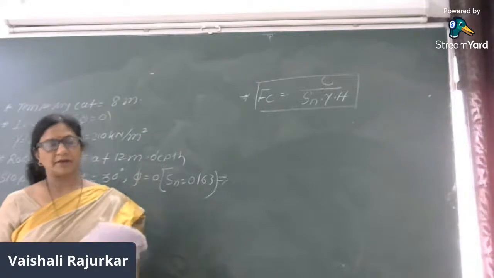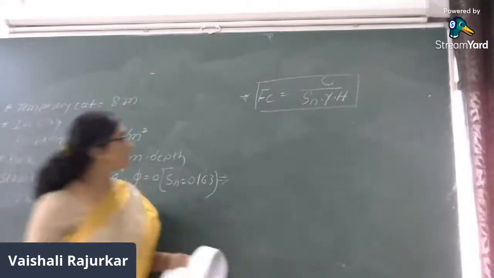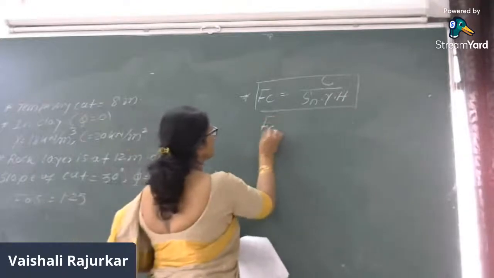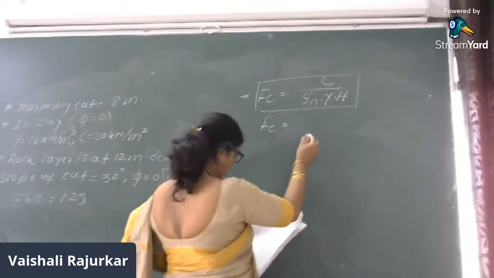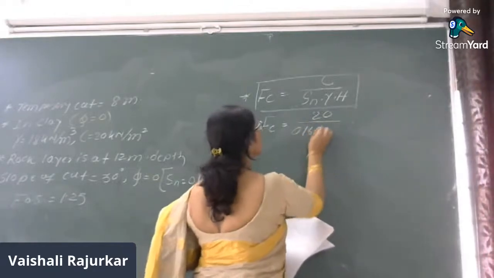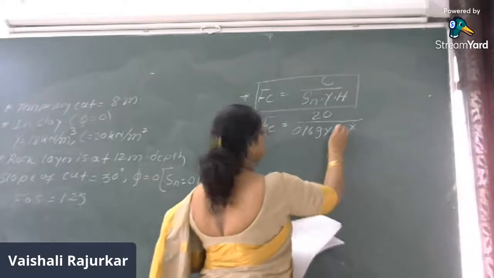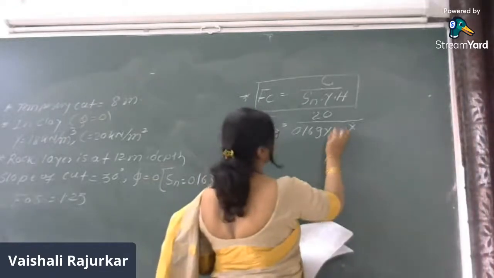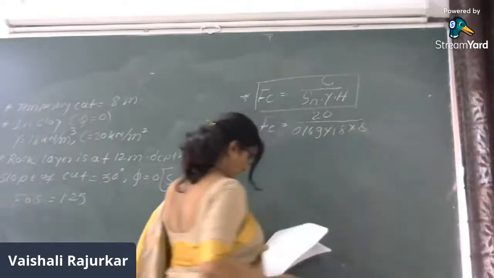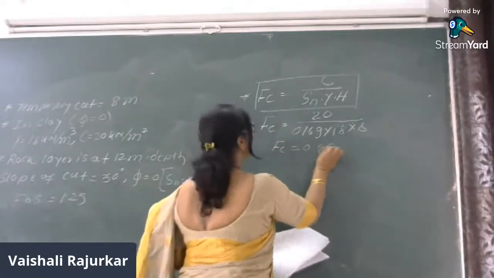Therefore, C is the only shear strength parameter. All these parameters are given. So Fc is equal to 20 upon 0.16 multiplied by 18 multiplied by 8. So this Fc is found to be 0.8.